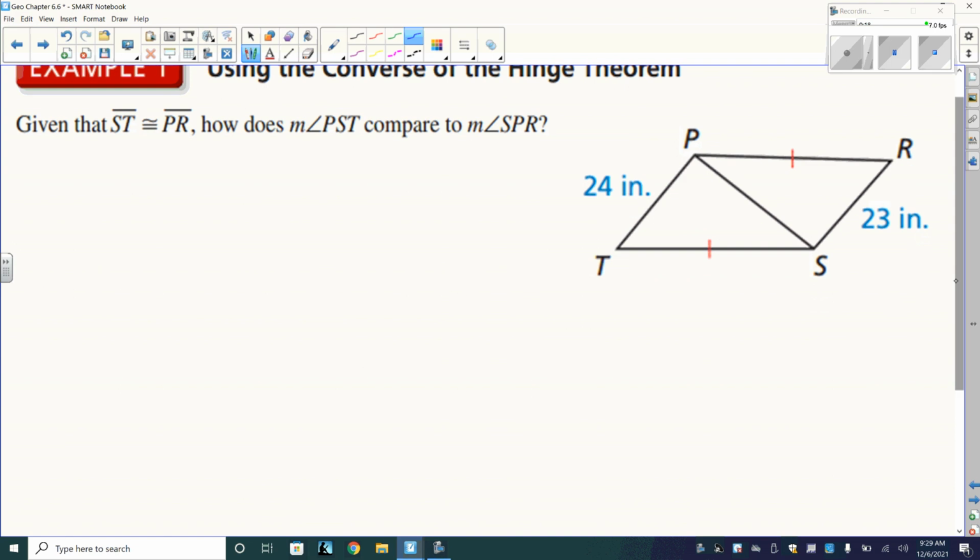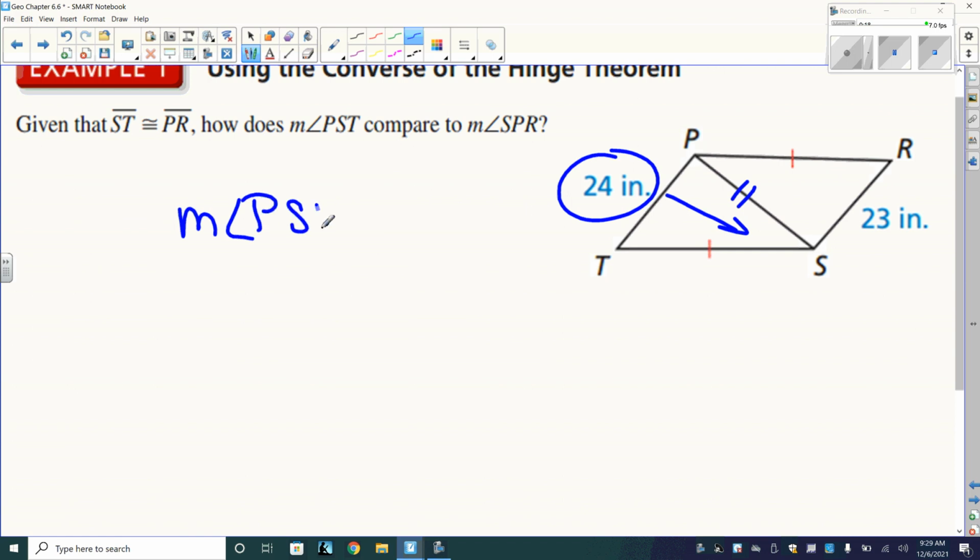So when we look at this here, the side in the middle is congruent, yes? 24 and 23, which side length is bigger? 24, so this angle will be bigger. So the measure of angle PST is greater than the measure of angle SPR.